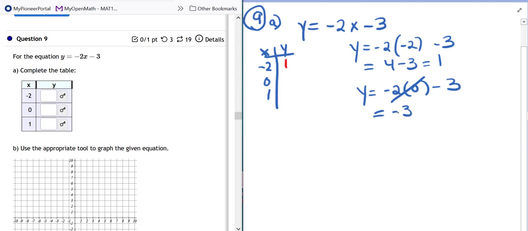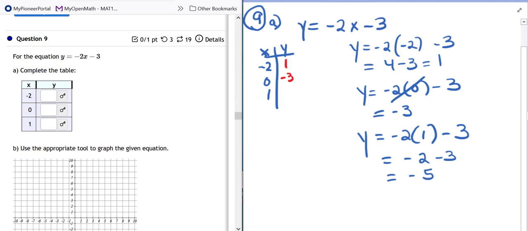Y equals -3. And then they give us 1. So y equals -2 times 1 minus 3. -2 minus 3 is a -5. And we'll graph those. And we can double check right here. So 1, -3, and -5.